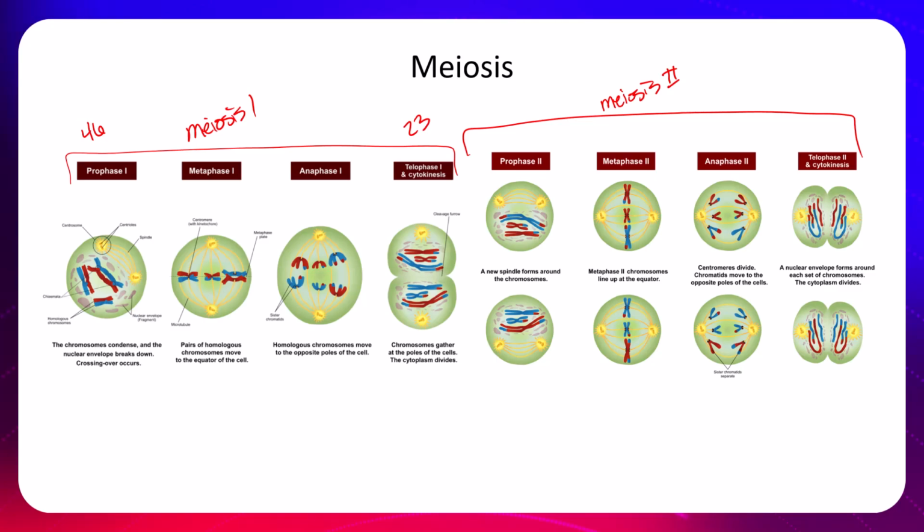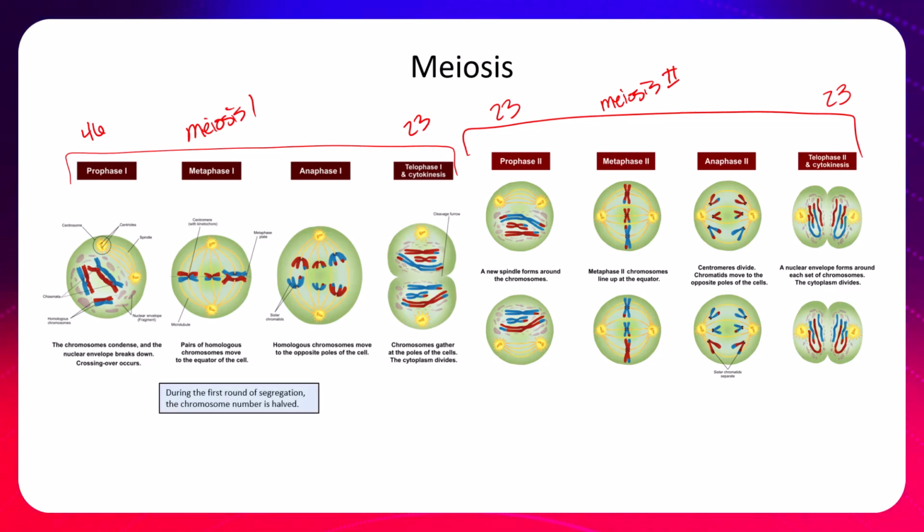But you'll notice that the chromosomes are still replicated, meaning they are still in these X shapes. And so when we go through meiosis 2, we will take 23 X's and cut them all in half, and we will start with 23 and end with 23, but the 23 we end with are not replicated chromosomes. They're not in the X shape. They're essentially half X's, or unduplicated chromosomes.